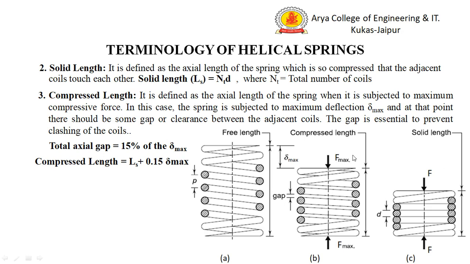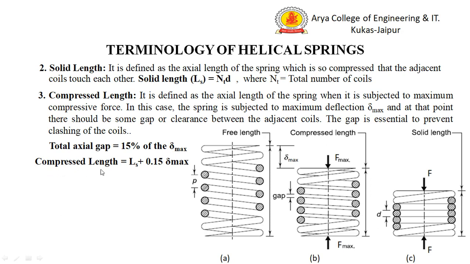Let Fmax be the maximum force that we can apply on the spring. At this point, the maximum deflection is delta max. This gap is known as the clashing allowance, and it is taken as equal to 15% of delta max, which is the maximum deflection.